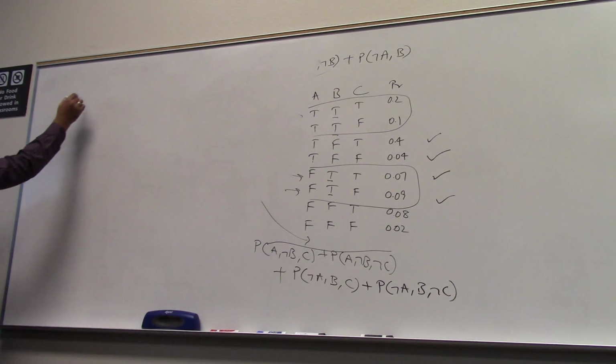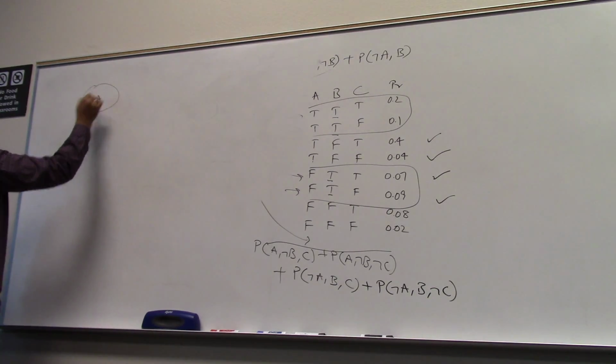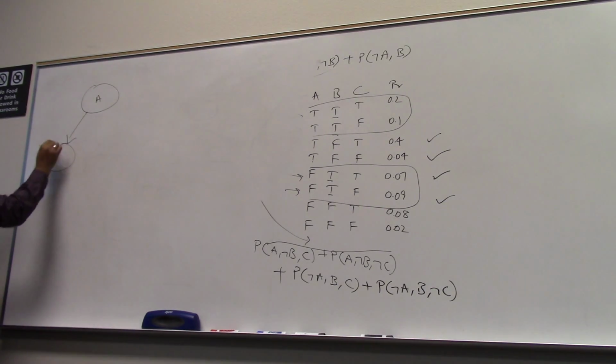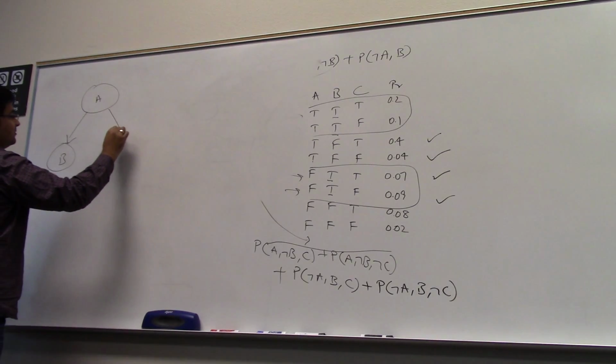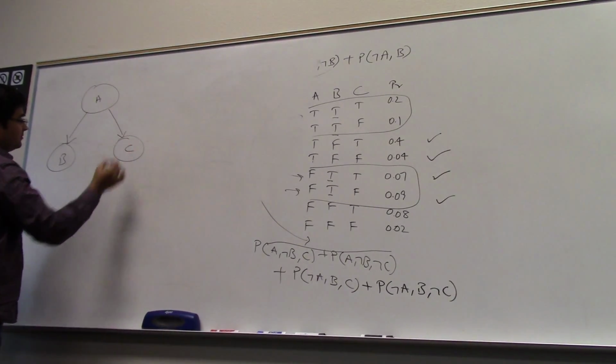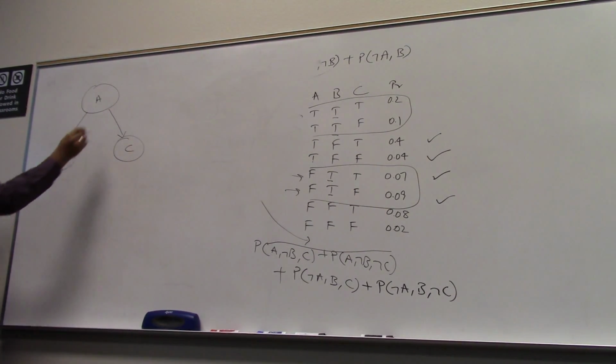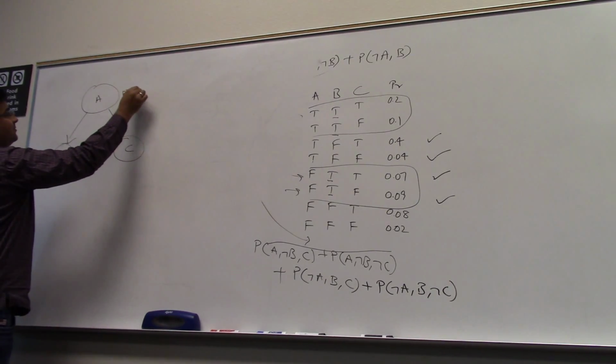So let us say now we have this network, simple A, B, and C. Now let us say PA is 1.